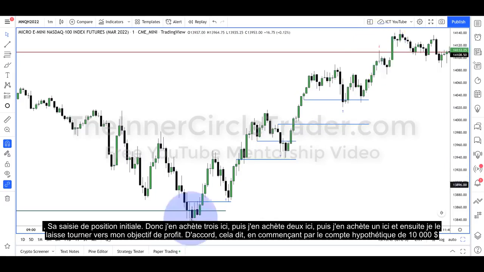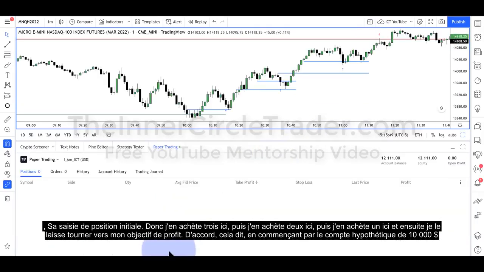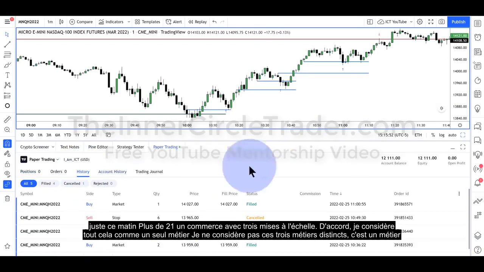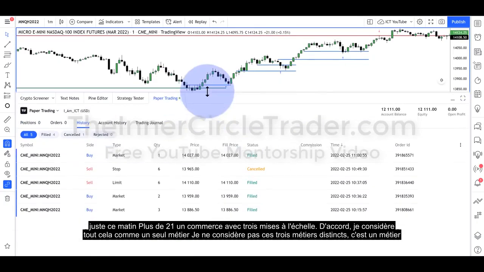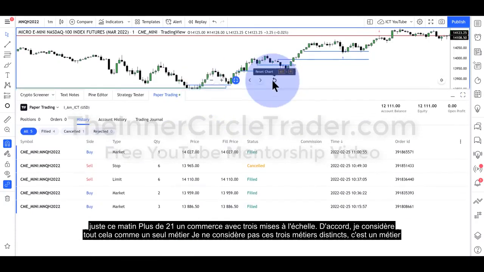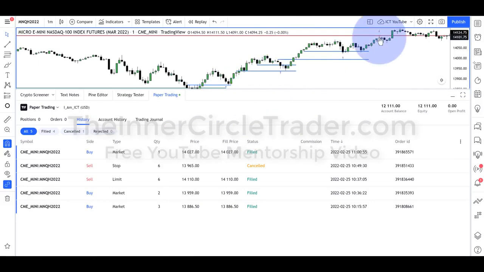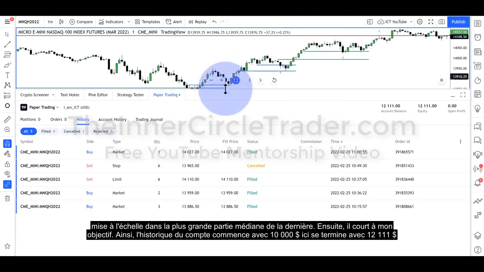With that said, starting with a hypothetical $10,000 account, just this morning, over 21%, 1 trade with 3 scale-ins. I consider this all 1 trade. I don't consider this 3 separate trades. It's 1 trade, scaled in, largest, middle, last portion.